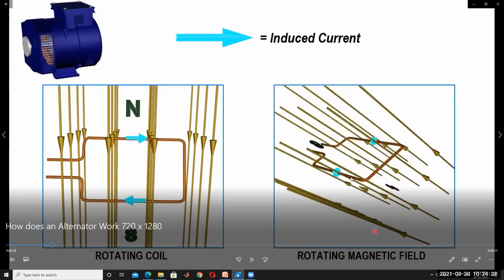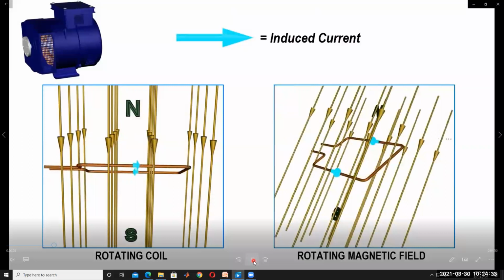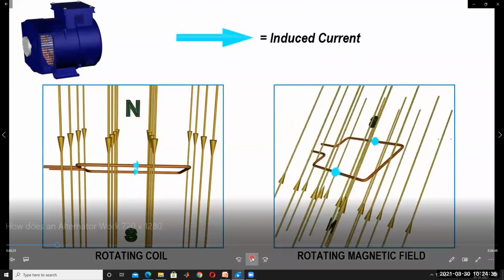But here it is different. The conductor is stationary, but the magnetic field is rotating. Understood? The armature conductor is stationary but the field is rotating.